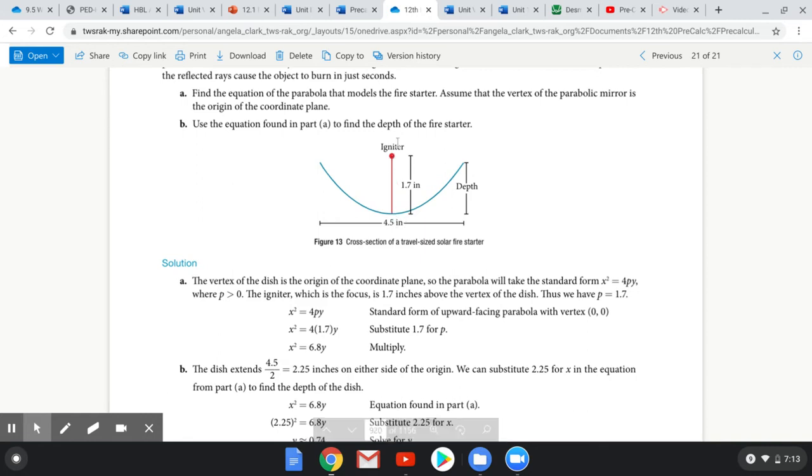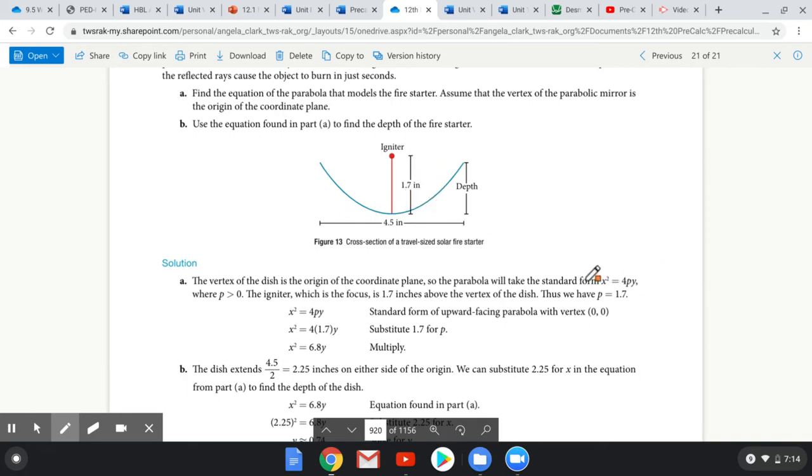So the distance from the vertex to the focus is P. This is an up-facing parabola, so we're going to have x squared equals something y, and that something is going to be positive, because it's facing up. If it was facing down, it would be x squared equals negative something y. It's facing up, so that's x squared equals positive something y, and that something is going to be 4p.